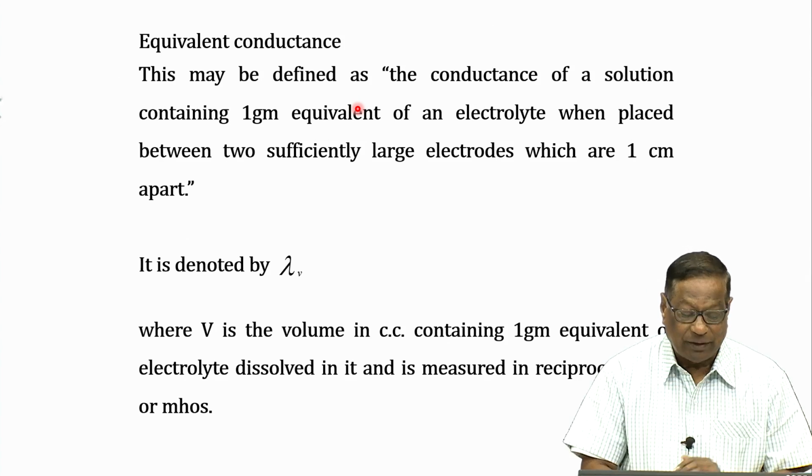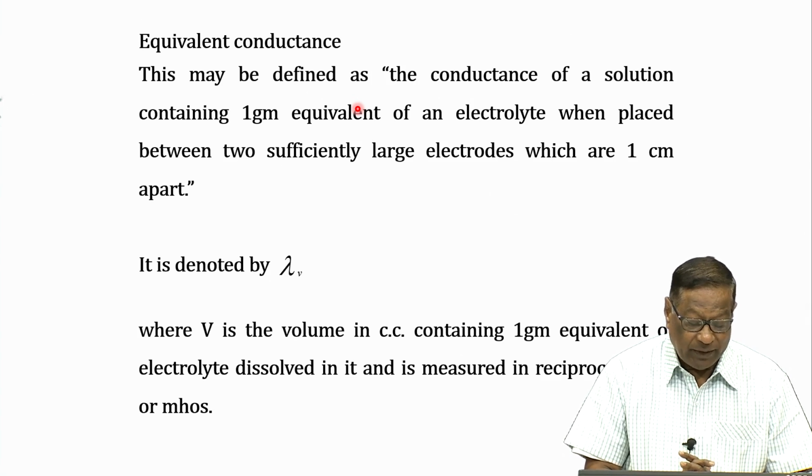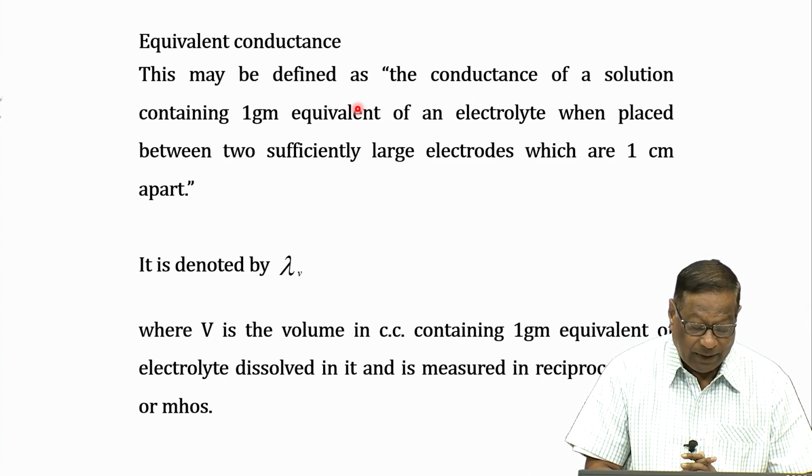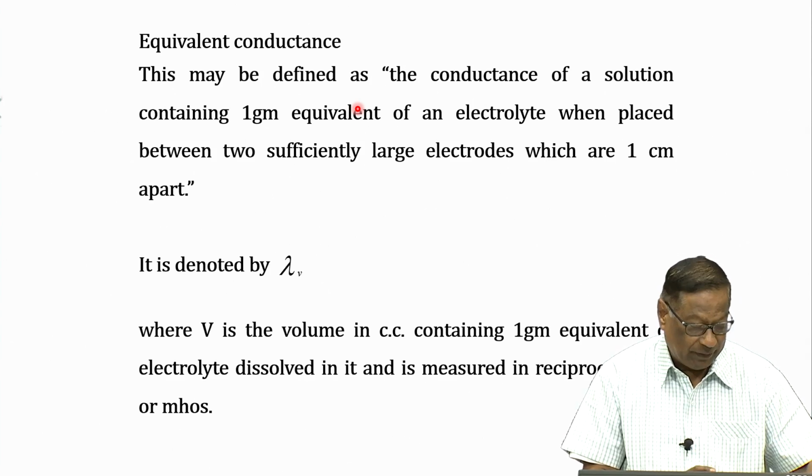So, the equivalent conductance is denoted by lambda V, where V is the volume in milliliters containing 1 gram equivalent of the electrolyte dissolved in it, and it is measured in reciprocal ohms or mhos.